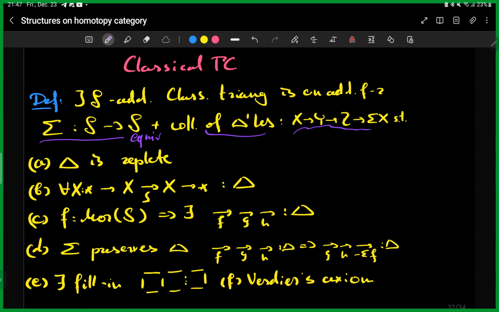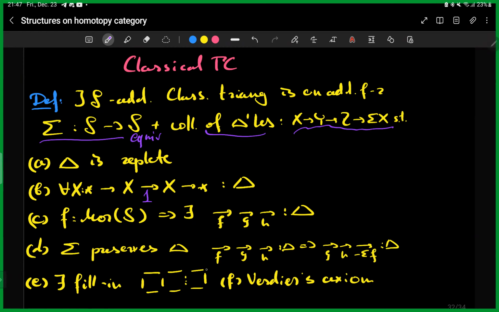which look like this. This collection should be replete. If we have a morphism, then it fits into a triangle. Sigma preserves triangles, so if we apply sigma to a triangle like this, we get a triangle. We have a fill-in like this.